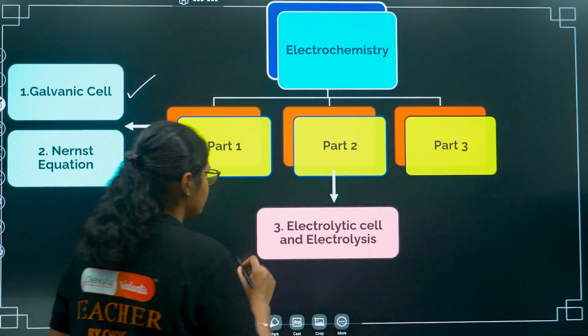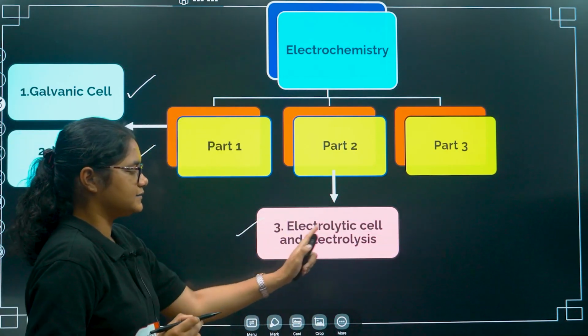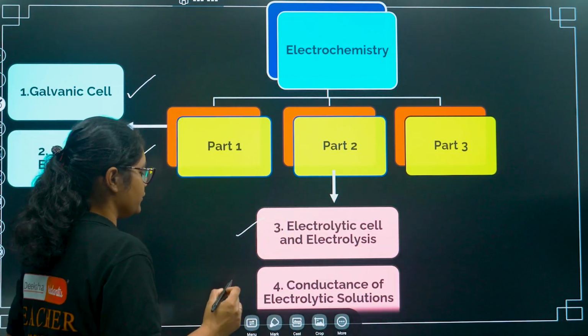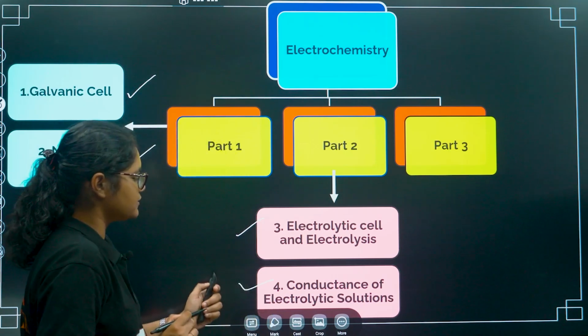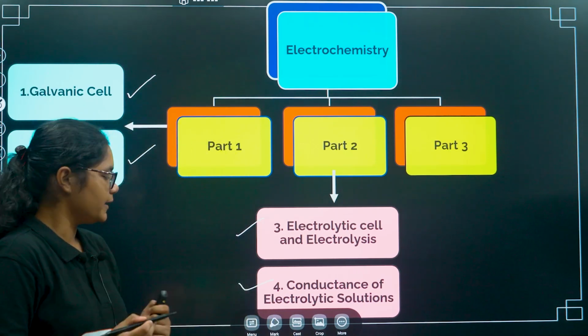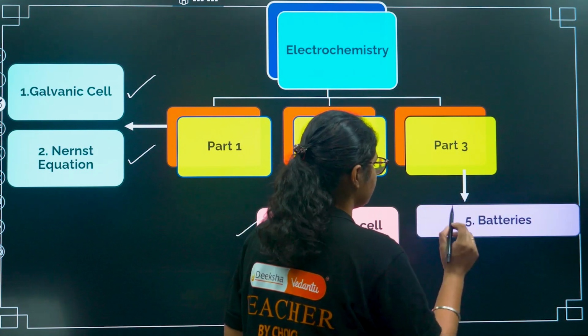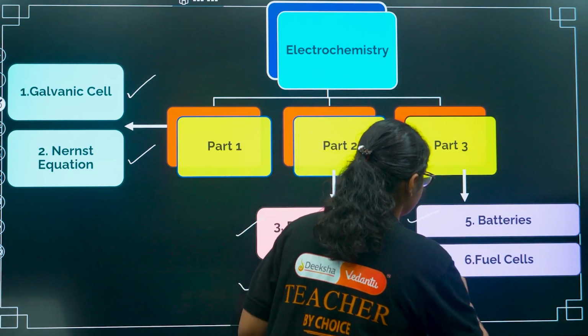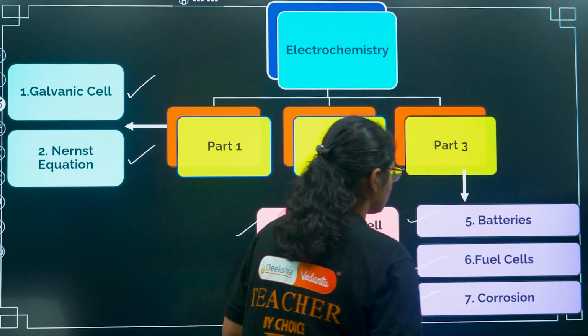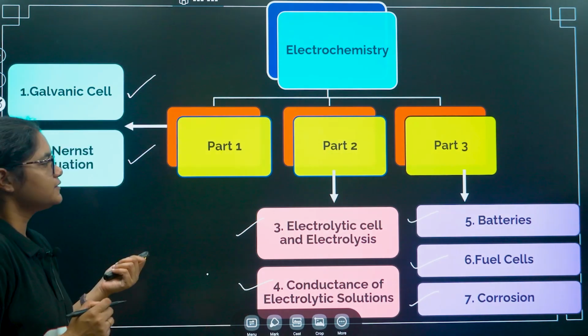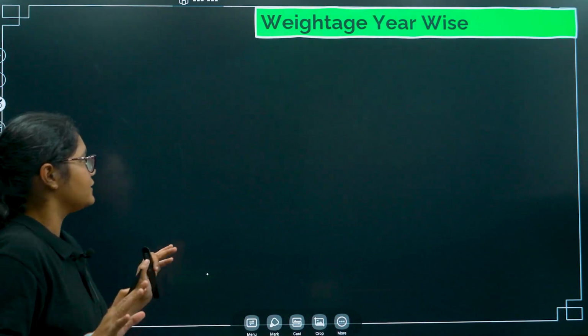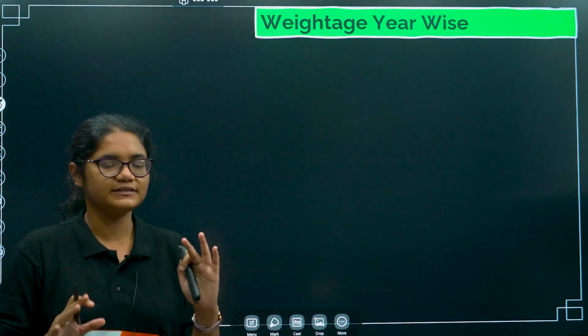Next, in part 2 we are going to cover electrolytic cell and electrolysis, that I already told you, and we'll be covering conductance of electrolytic solutions. Okay, now coming to part 3 we are going to cover batteries, fuel cells, and corrosion.